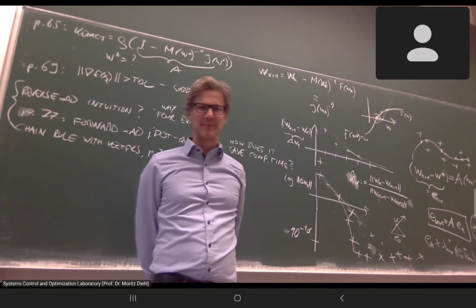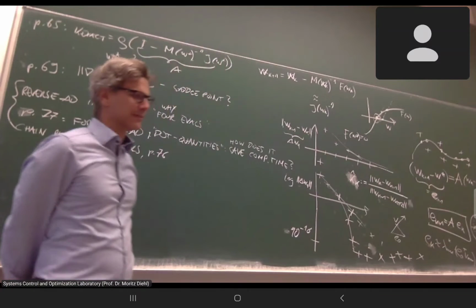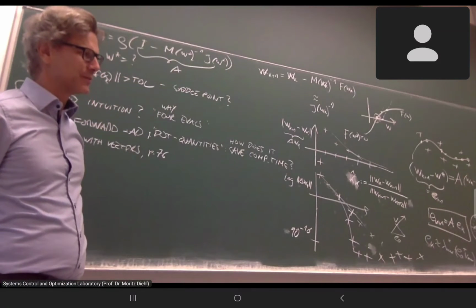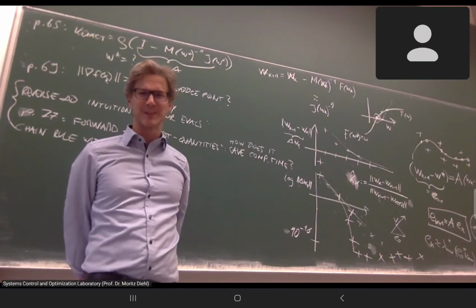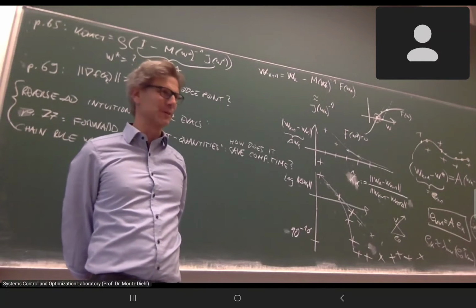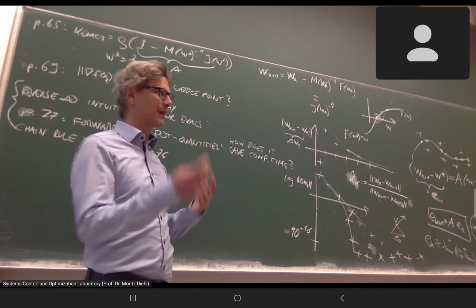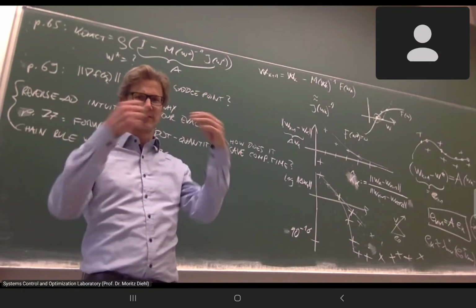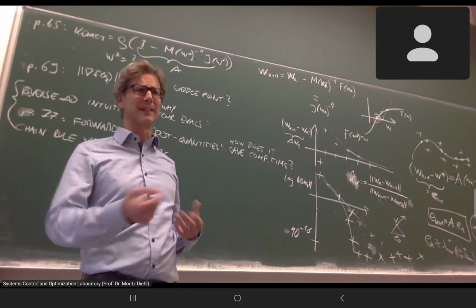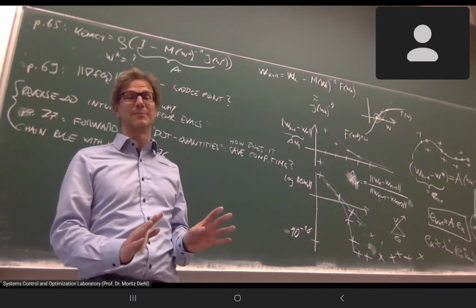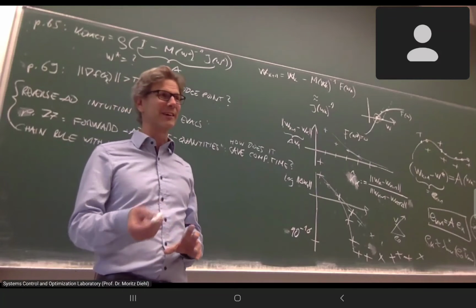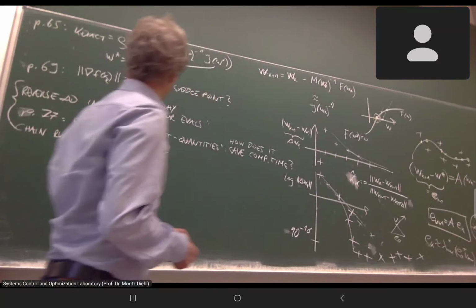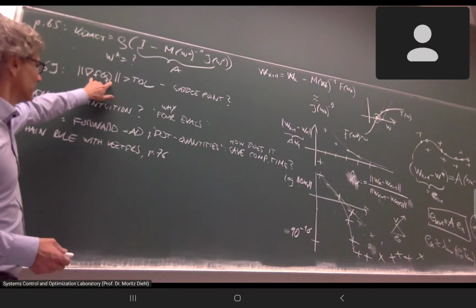If you only have first derivatives, you cannot exclude that you're in a saddle. So you can try to do other things like compute the second derivatives, and if you see a negative curvature at this point, then you say, well, I should definitely not stop here. But as long as you don't compute second derivatives, you cannot be sure.